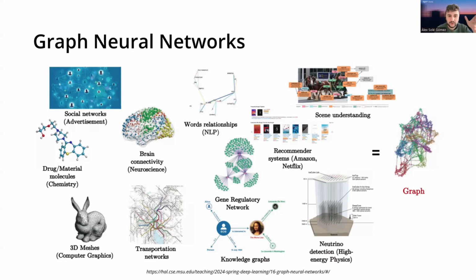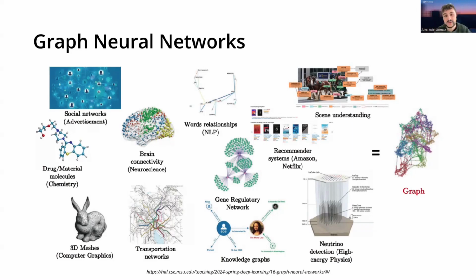But also for words, to understand how the words in a sentence interact with each other, or for transportation networks, for example, if you look at the Metro of London map, you can see how they are connected and which stations have more than one line, or 3D meshes that we already explained, and so on. So this is super powerful.